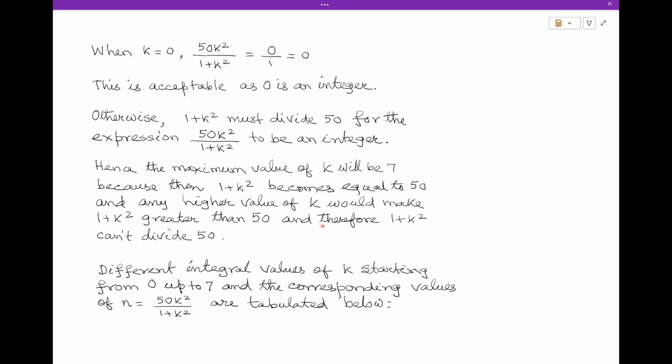Therefore, 1 plus k square cannot divide 50. Different integral values of k starting from 0 up to 7 and the corresponding values of n equal to 50k square divided by 1 plus k square are tabulated below.